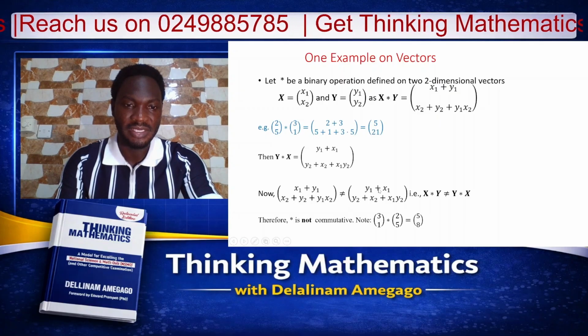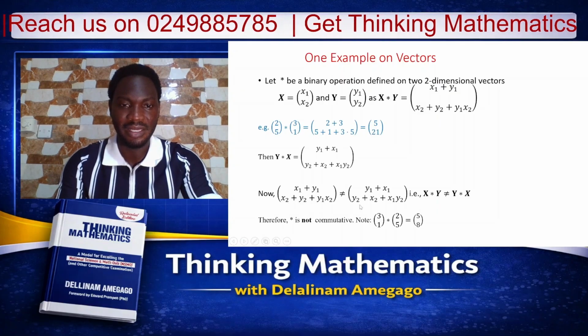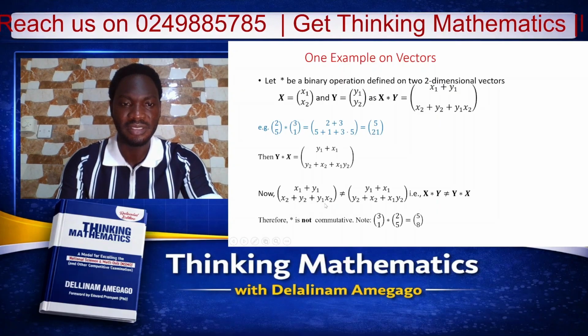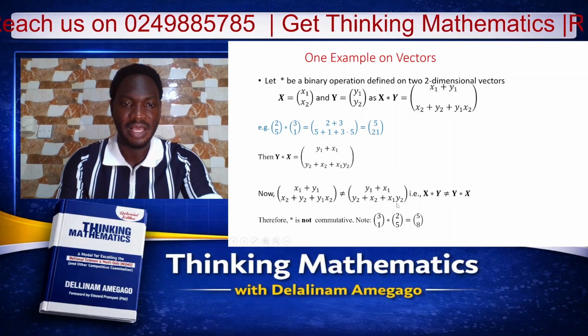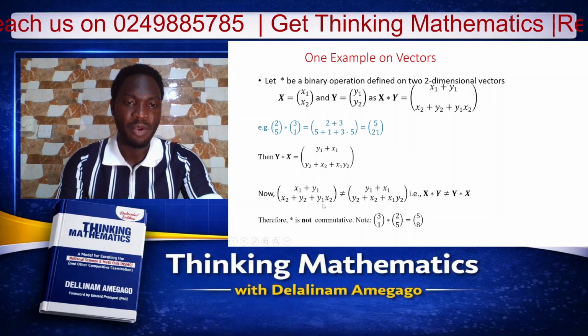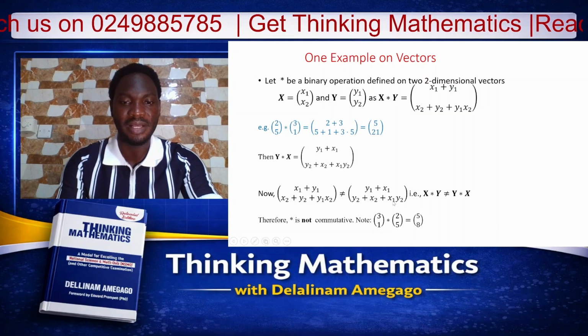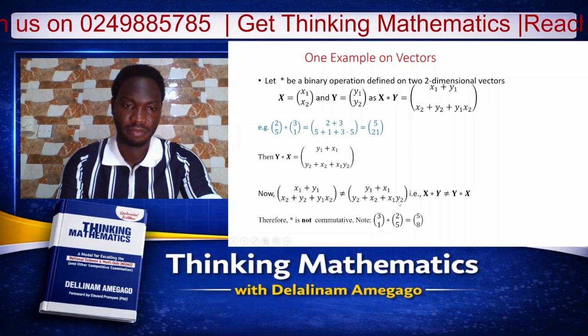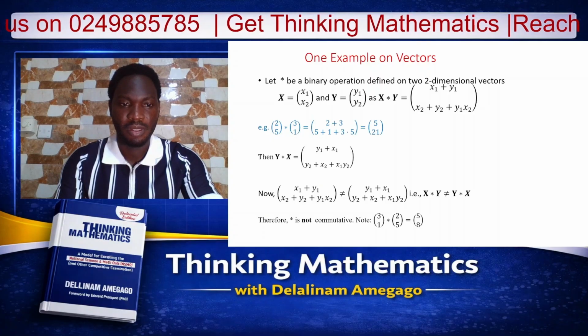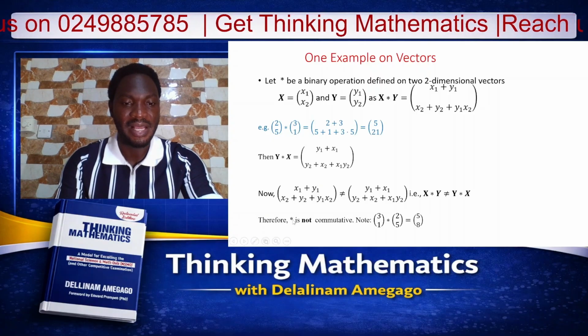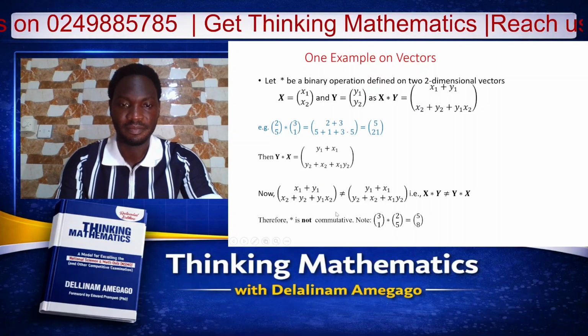Their first components are equal, but their second components are not equal because the third terms here are not equal. y1 x2 is not equal to x1 y2. Therefore, star is not commutative.